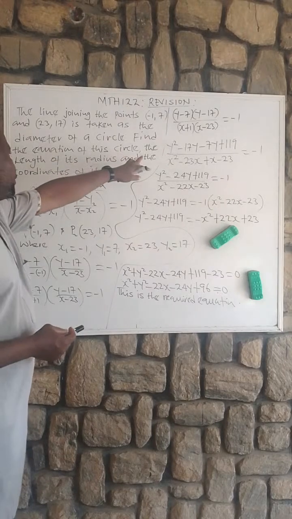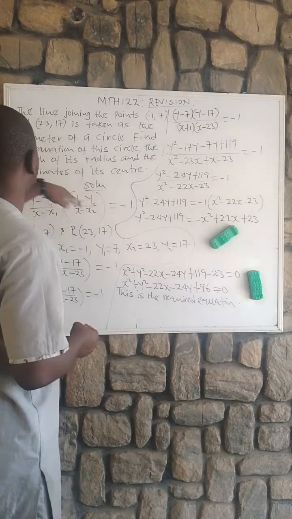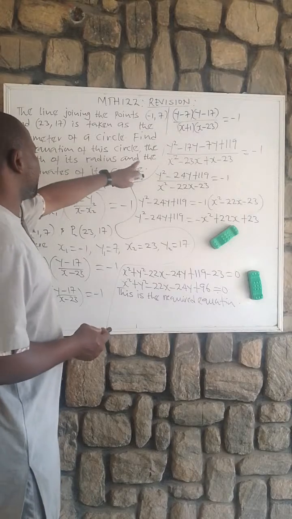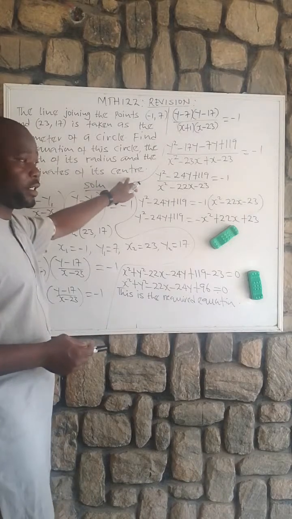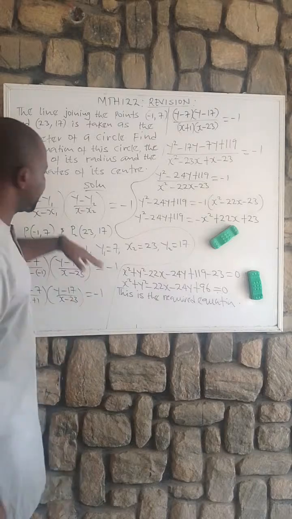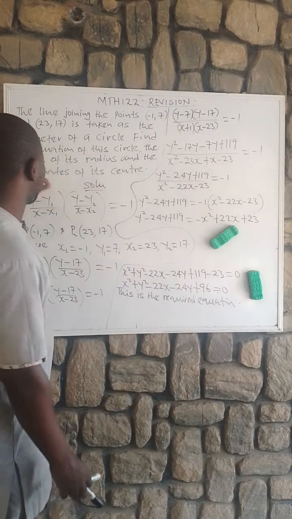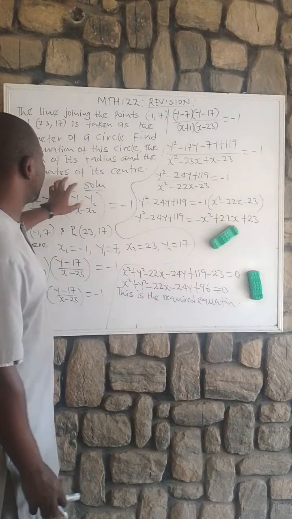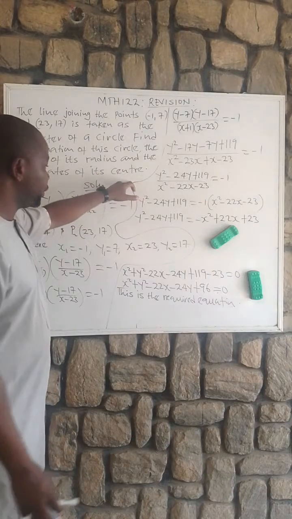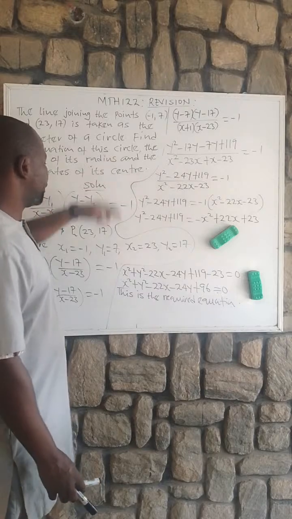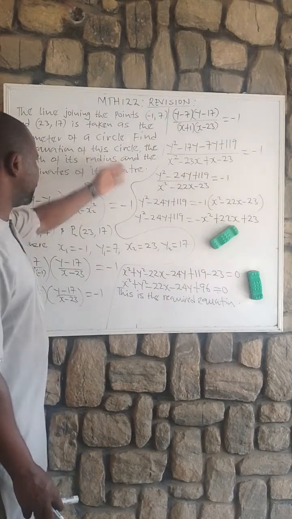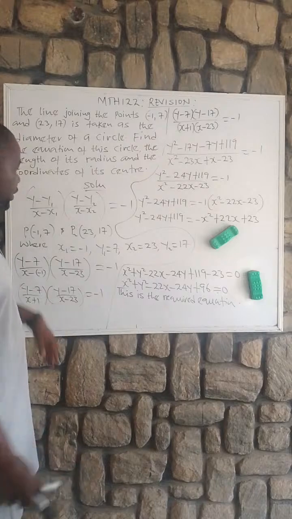So let's proceed to consider the length of each radius and the coordinates of each center. But before we consider the length of each radius, let us first consider obtaining the coordinates of each center. Without this, we cannot obtain the value of the radius, the length of each radius. Is that clear?